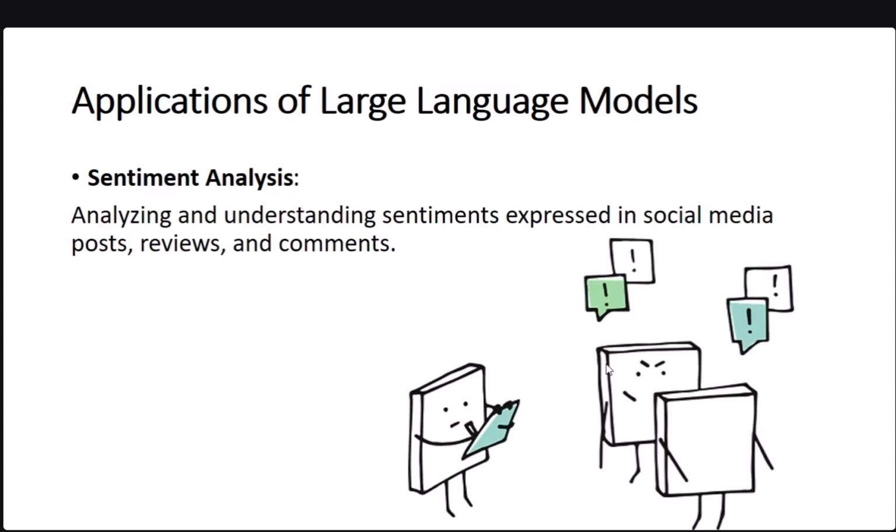Sentiment analysis is where we give a particular text to the machine, and we want to understand what kind of sentiment that text conveys, what kind of mood the user is in while writing it. So it analyzes it and gives a response like it's positive content, negative content, or neutral content.